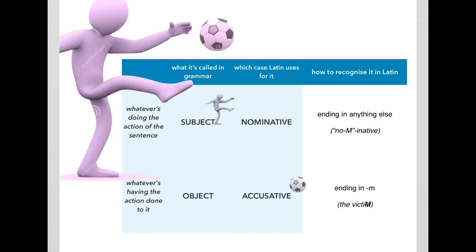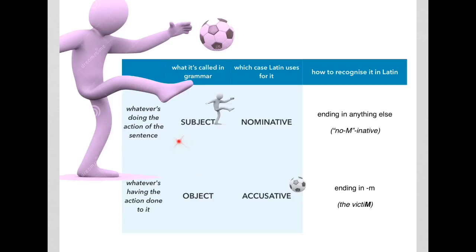Now, so far in Latin, it's quite easy to tell these two apart, because the accusative case always has an M on the end, and you see the victim there, that helps you, the M on the end of the victim. And the nominative case doesn't have an M on the end, it has something else, it can be anything at all. But you see how a wise deity has providentially given us the word nominative with no M at the start of it, just to make it easy for you to remember which way round it is.